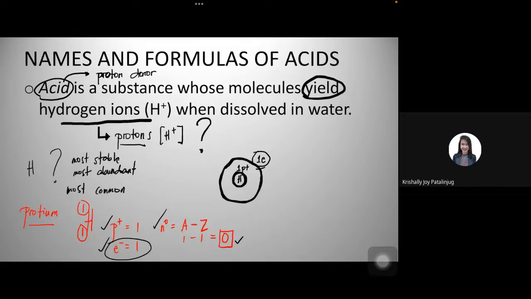We are talking here about the atomic structure of hydrogen. The hydrogen atom has no charge. Now, let's say this hydrogen atom, during a chemical reaction, forms an ion, meaning it forms a hydrogen ion.